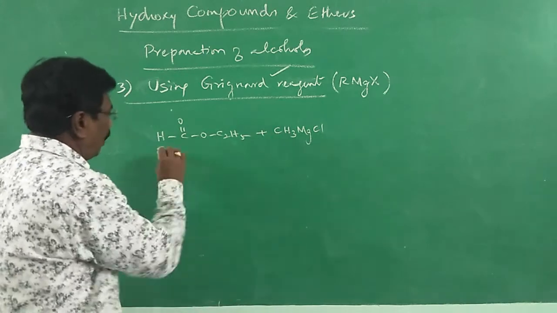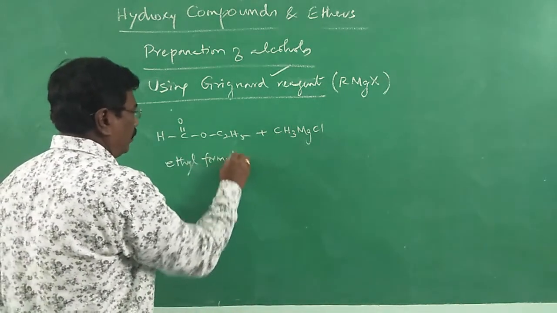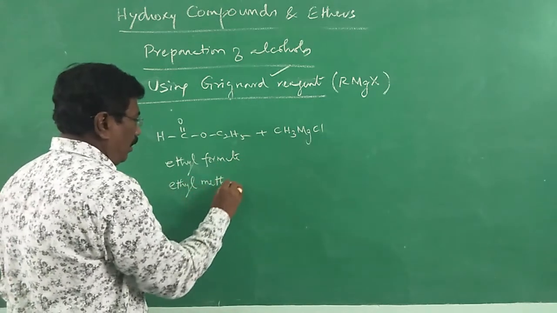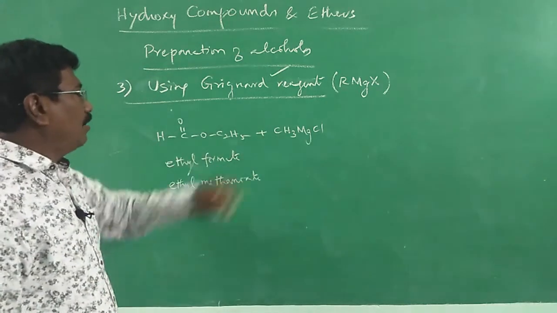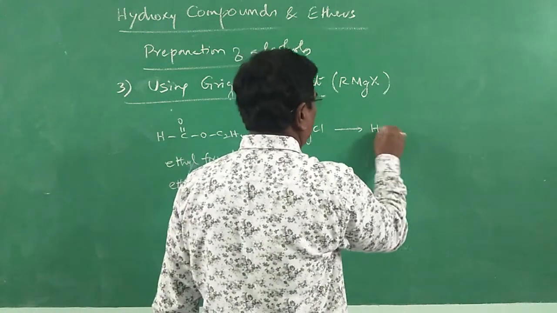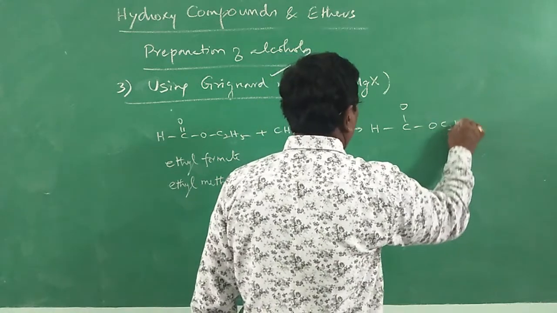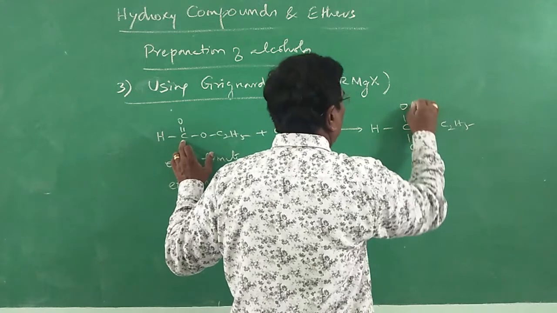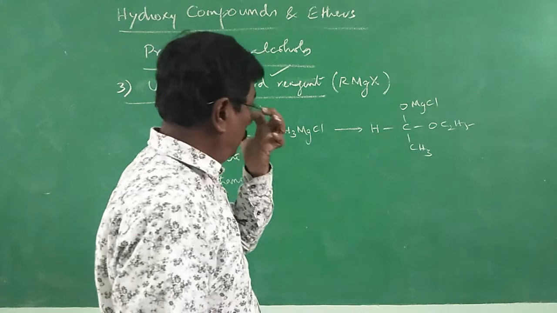So it is ethyl formate. You can say formate ester or ethyl methanoate. When made to react with Grignard reagent, addition across the double bond, you will be getting HC, OC2H5, with carbon methyl, with oxygen MgCl.